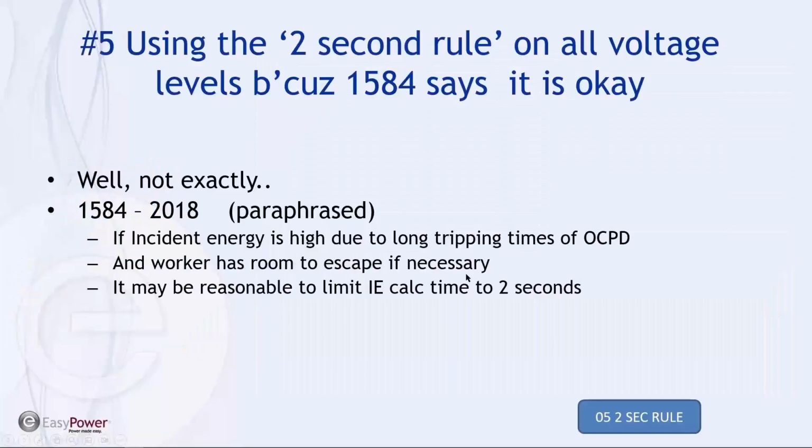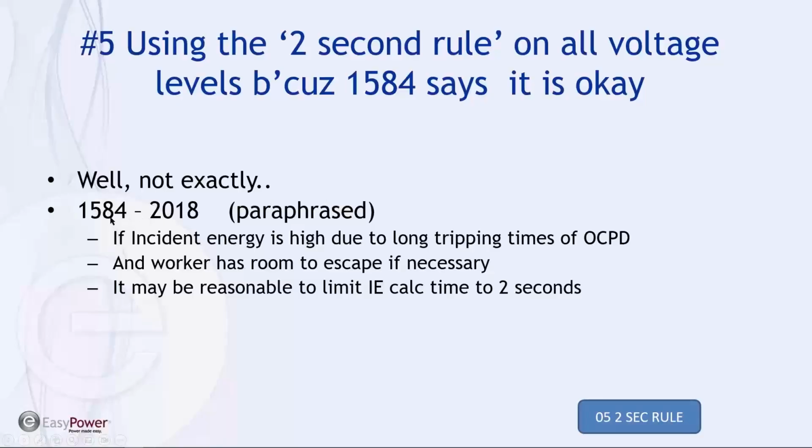Rule number 5, frequently I receive studies where people have used the 2-second rule on all voltage levels, and frankly 1584 describes it as something that can be applied to all voltage levels, but it's not exactly approved.